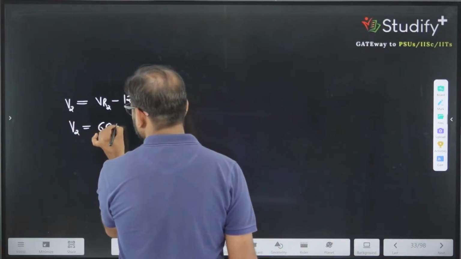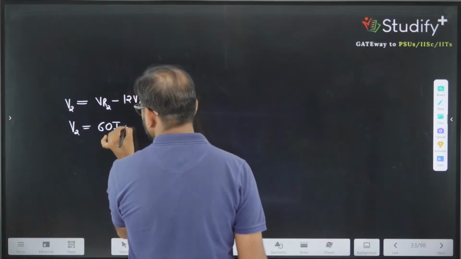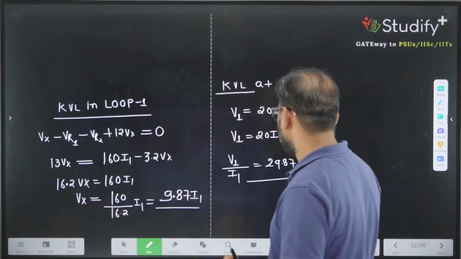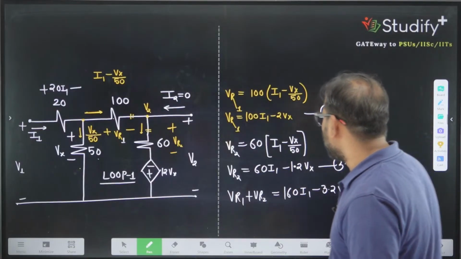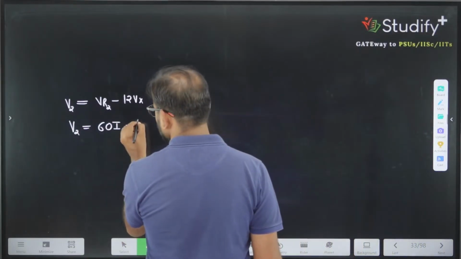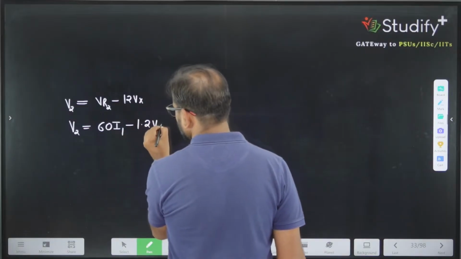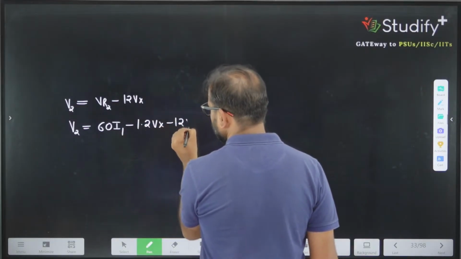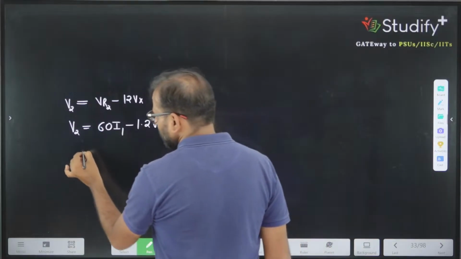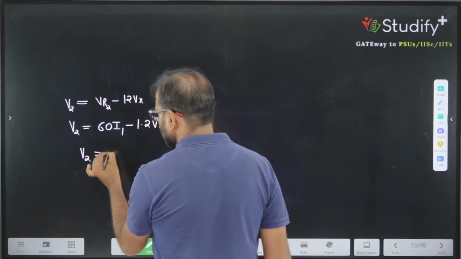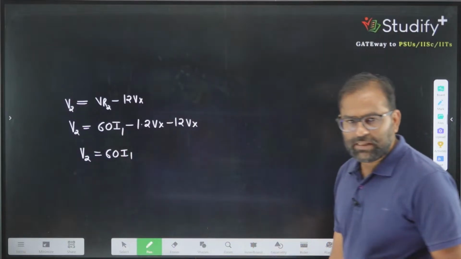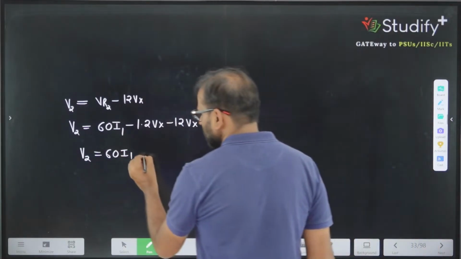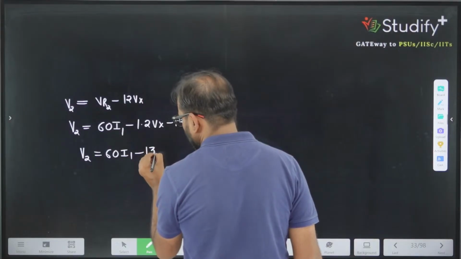VR2 is 60 I1 minus 1.2 Vx, minus 12 Vx. So V2 is 60 I1 minus 13.2 Vx.